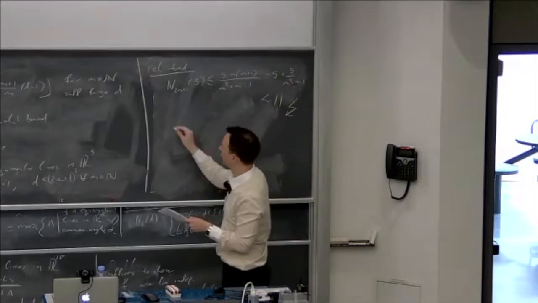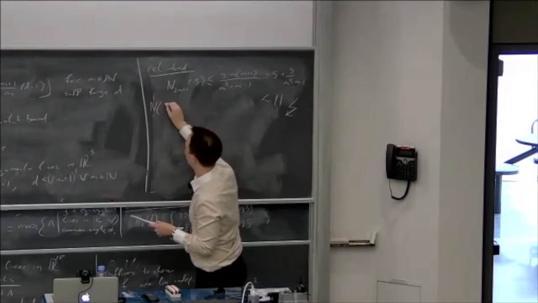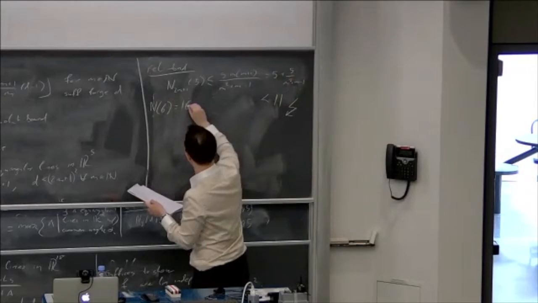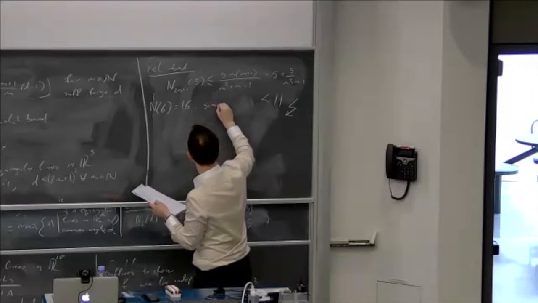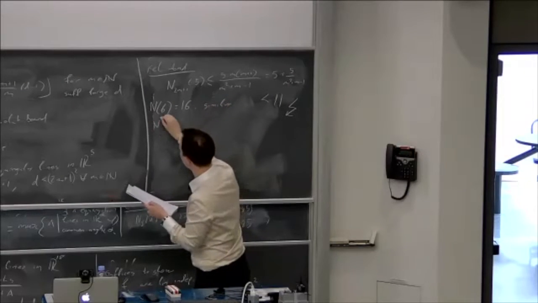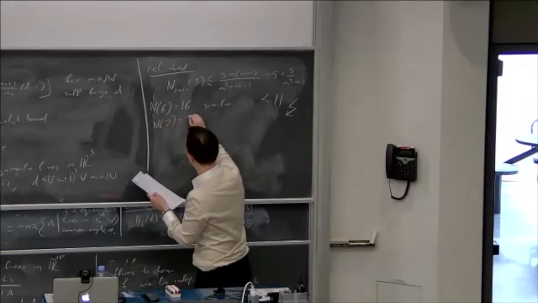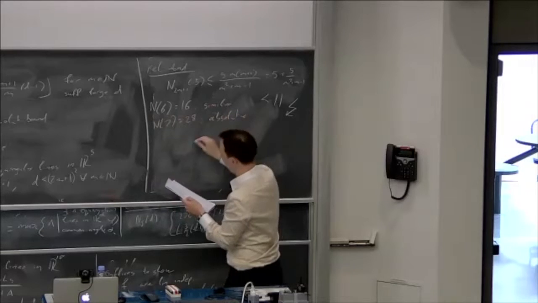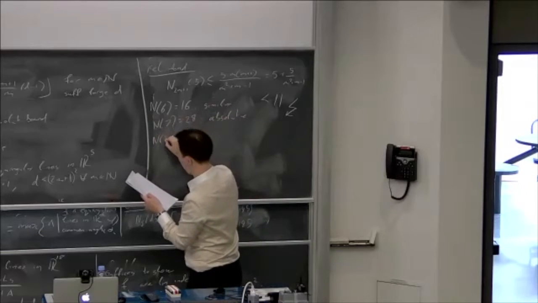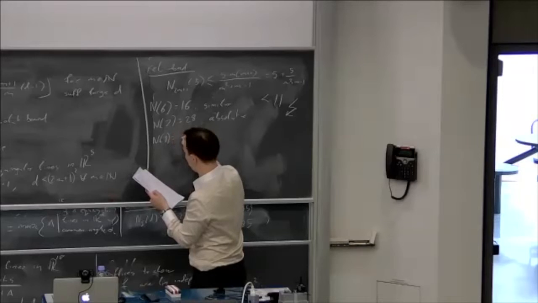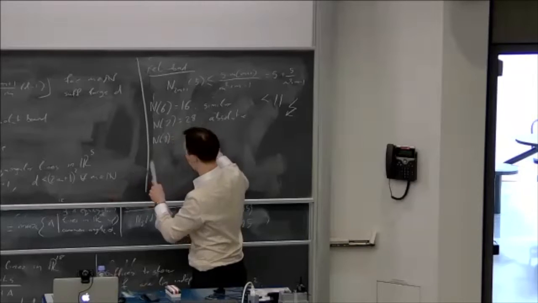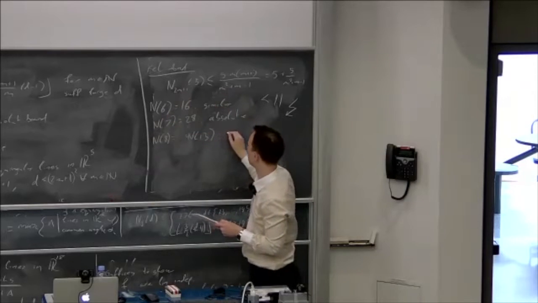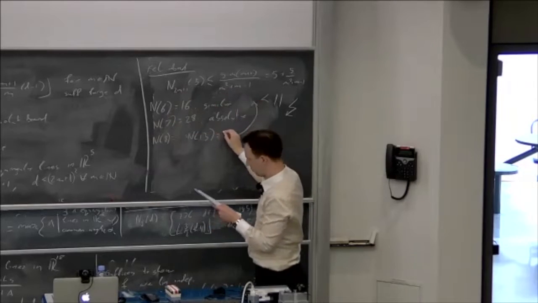Okay, and you can continue this. Going to n of 6, it is 16, and the idea is very similar. And then n of 7 is 28. This is where the absolute bound tells us this is the best. And then n of 8 up to n of 13 is similar to above, and this equals 28.